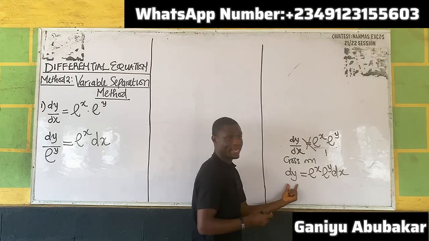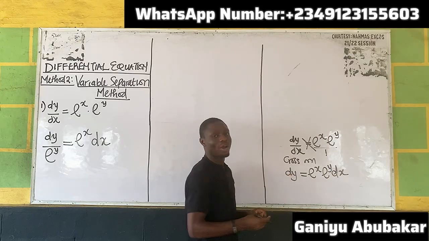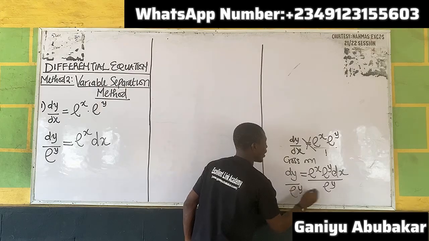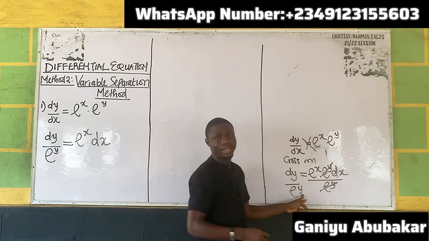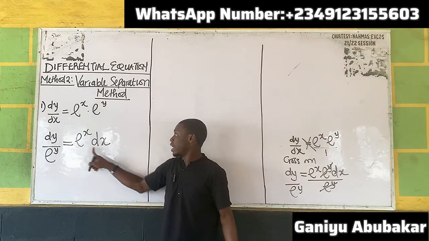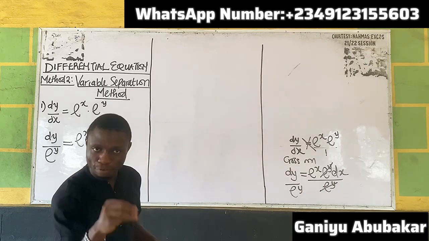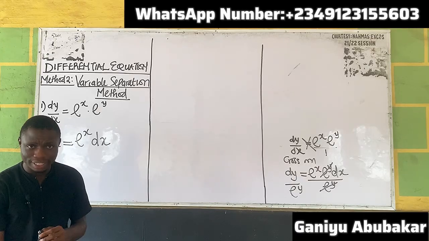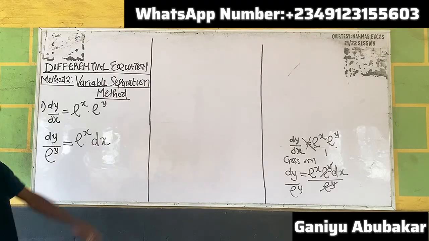I want to bring the term having y to the left, so divide both sides by exponential y. This will cancel, so I have dy over exponential y equals exponential x dx. At your level in your mathematics studies, you should be able to do it this way instead of going through the whole process.